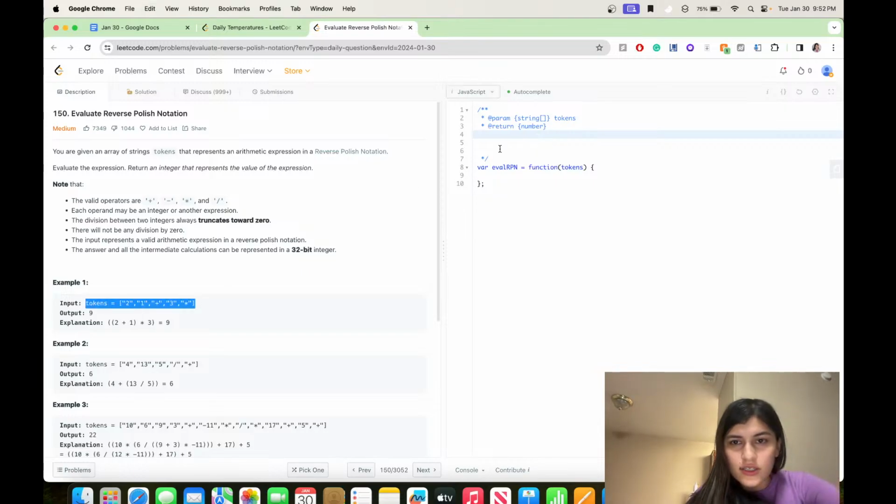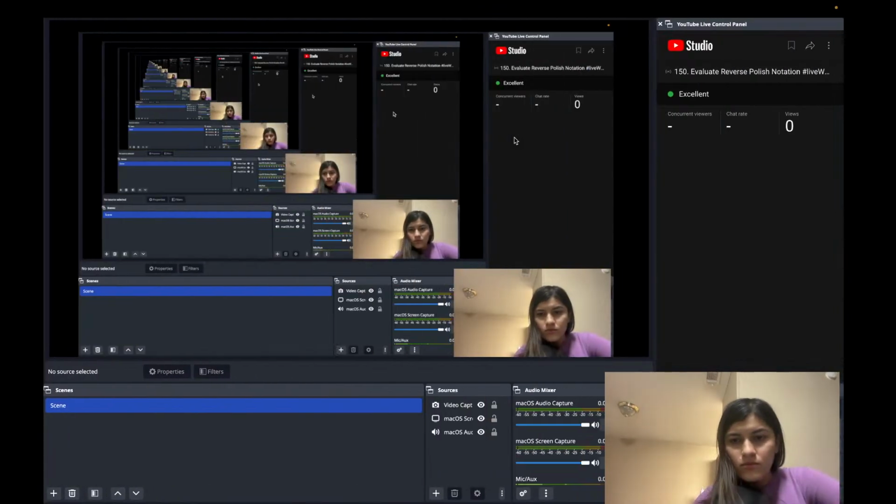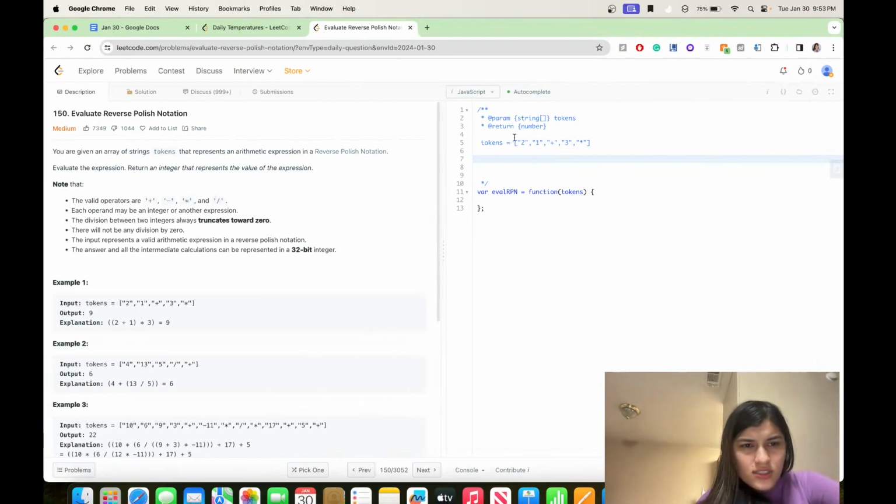So if these are the tokens, then it is like 2 plus 1 multiplied by 3, right?